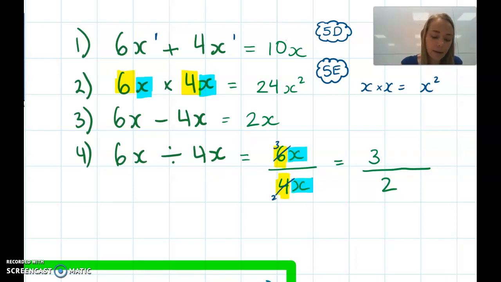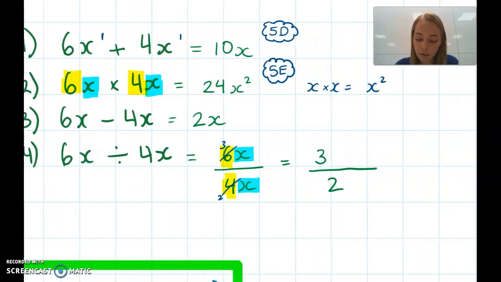x divided by x. Think about any number because x is just representing a number. 10 divided by 10. 50 divided by 50. Negative 5 divided by negative 5. What do you always get when you do those? x divided by x is the same thing. It will give you the answer of 1. So that means that x divided by x, well, they can actually be divided both by x.